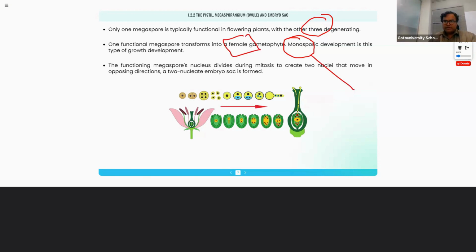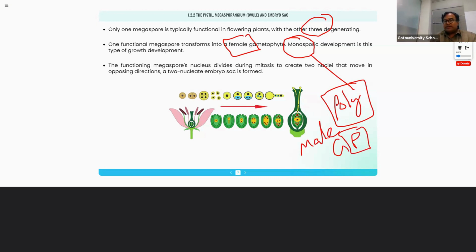So what can I use for the male? Polysporic. Why is it called polysporic? Unlike the female, all the male gametophytes sustain. So monosporic for female and polysporic for male gametophyte. Your mind should work at a very smart level, with an interesting mindset, then only can we balance the equation of learning.